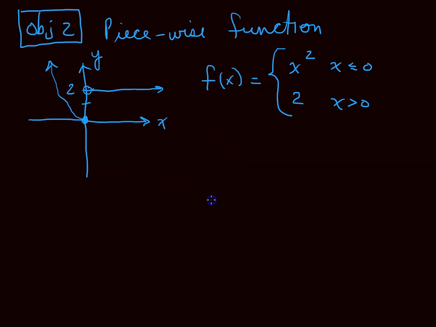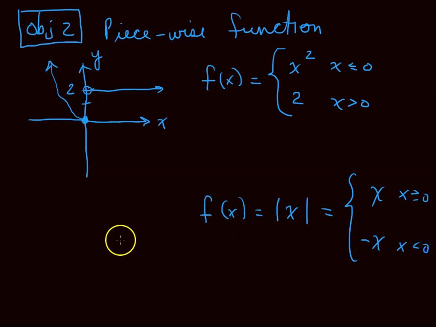Let's go back and remind ourselves. If it's the absolute value function, then it's either x or the opposite of x. This is for x greater than or equal to 0, and this is for x less than 0.